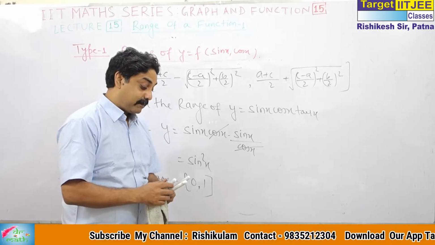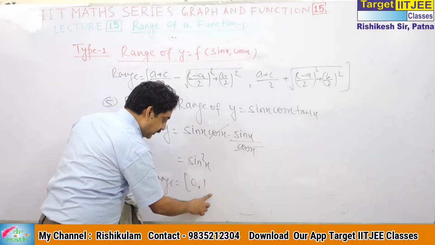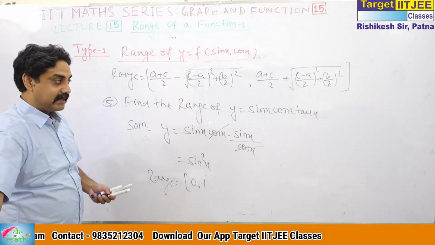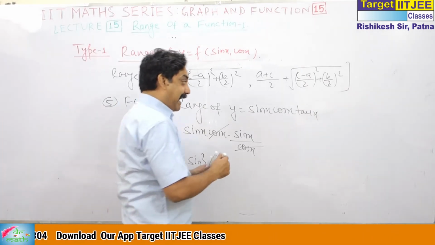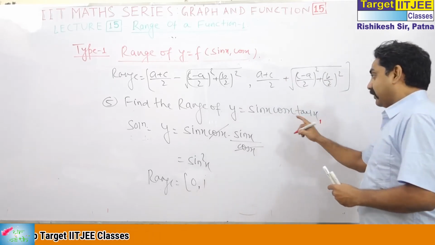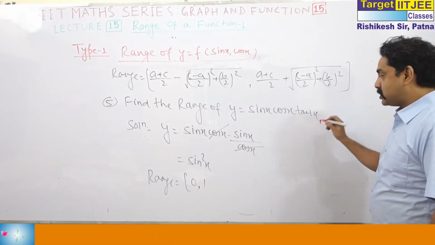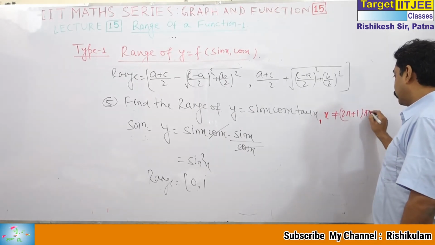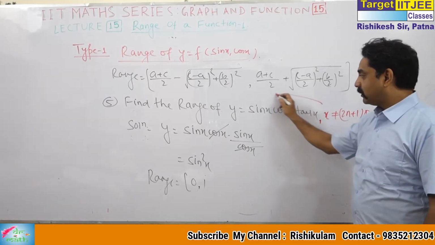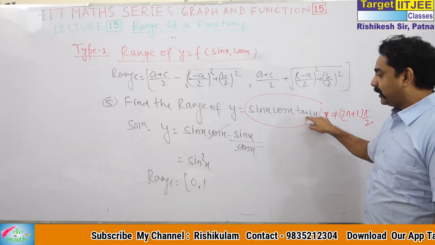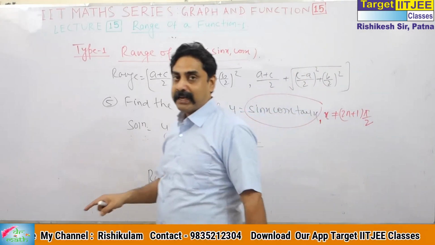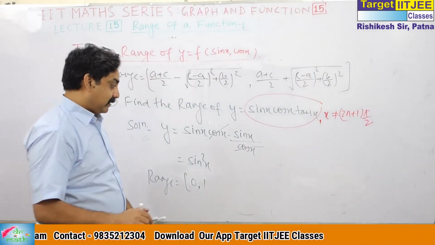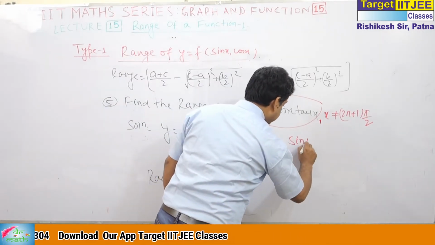Now see the part. This is incorrect. Why? See the part, this is very interesting. Actually, coming to domain, it is not given in the question, but this is not defined at (2n plus 1) pi by 2. Means according to the original question, we cannot consider pi by 2, 3 pi by 2, 5 pi by 2 and so on. And sin pi by 2 is what?